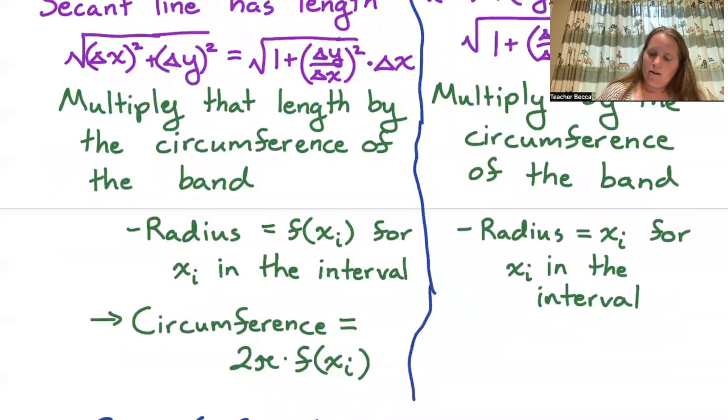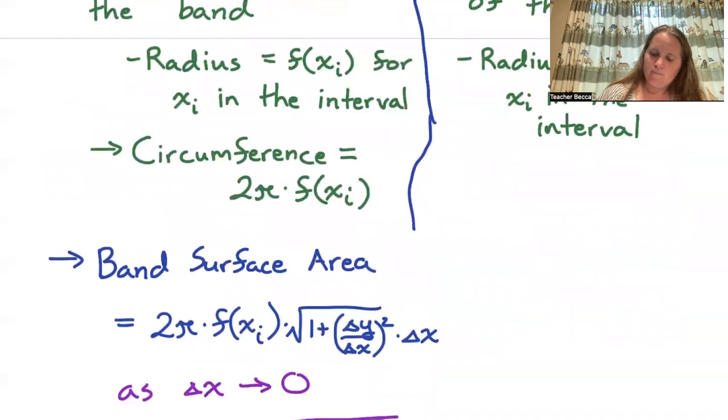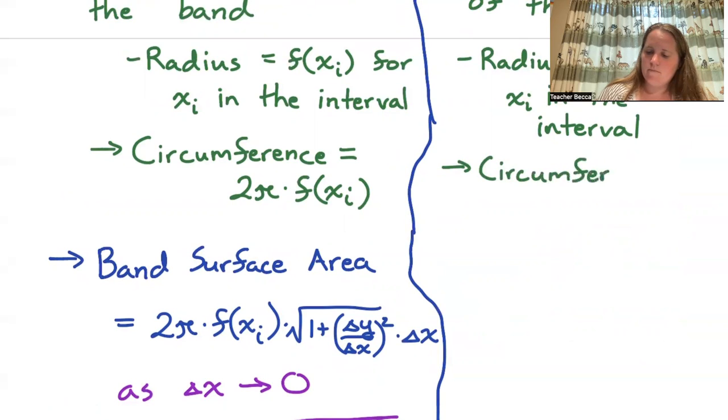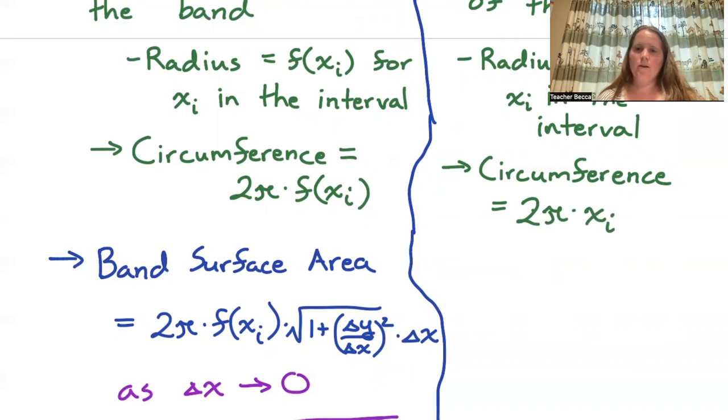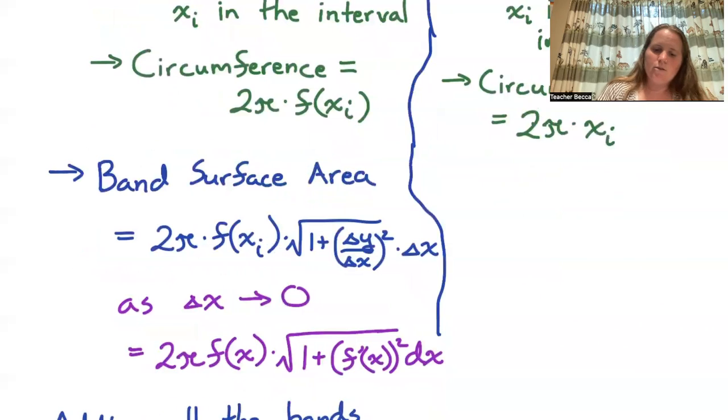Which means that the circumference is equal to 2 pi times xi.